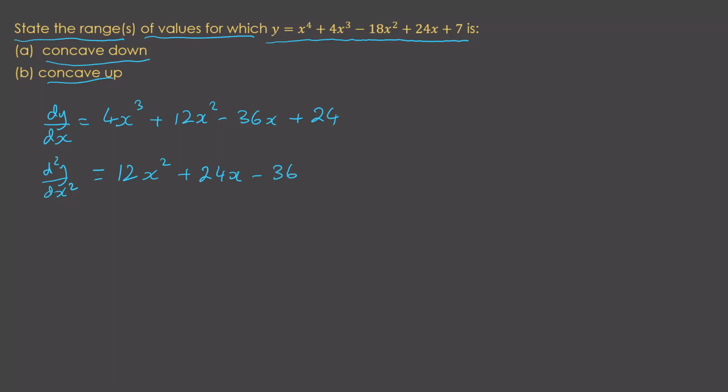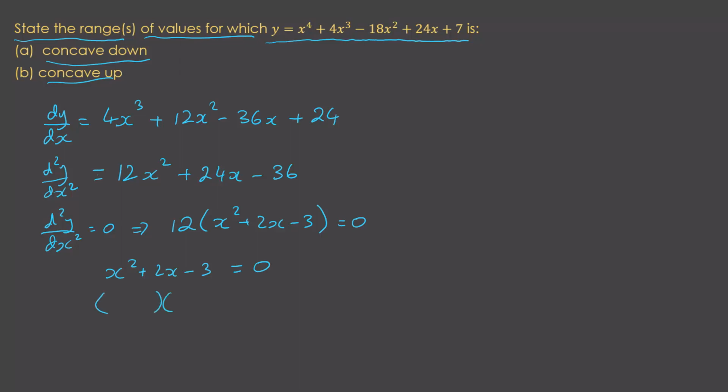Now, what I might do first is try to identify where d²y/dx² is equal to 0, because that can help me locate the points of inflection. So d²y/dx² equals 0 means that, taking out a factor of 12, x^2 + 2x - 3 equals 0.